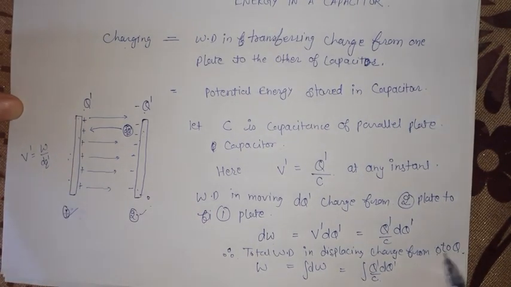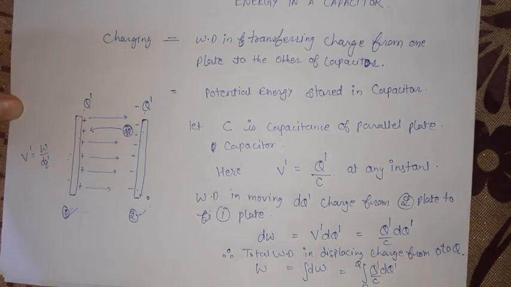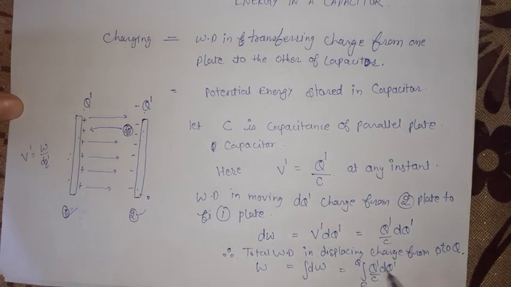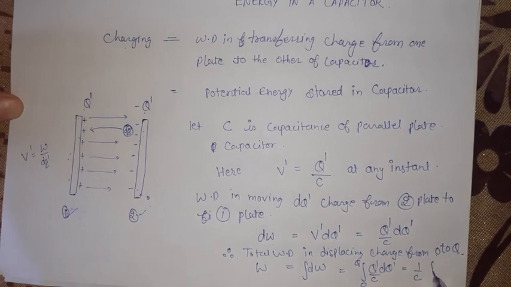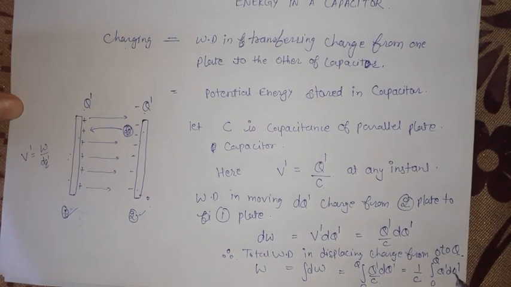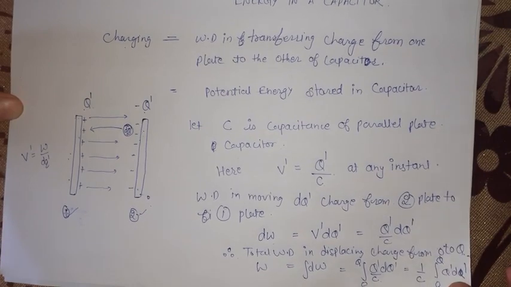It is from 0 to q, actually initially it was 0, and finally we want to make it q. So C is constant, it will come out, and inside there will be only q dash dq dash. So now for the integration we need to use the standard formula.